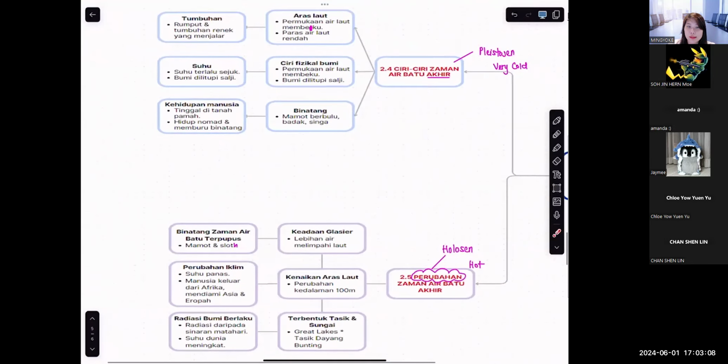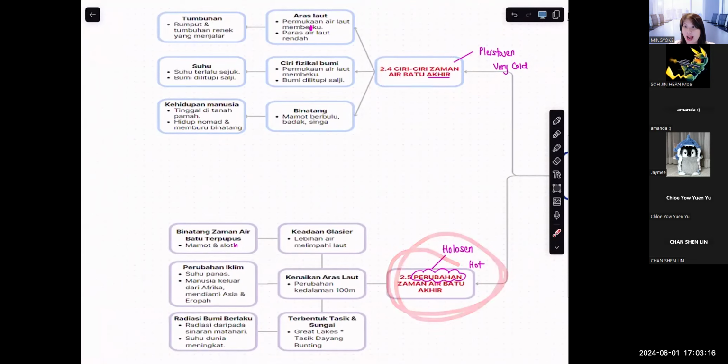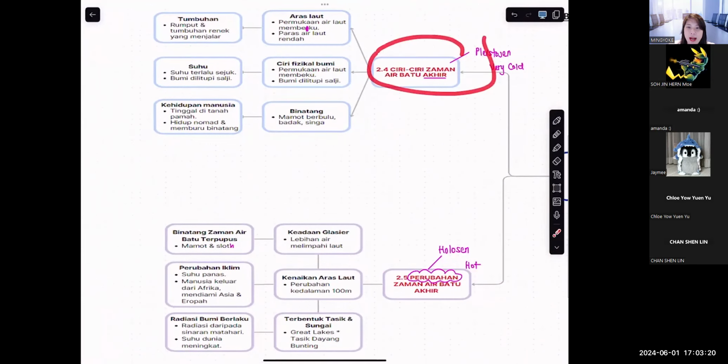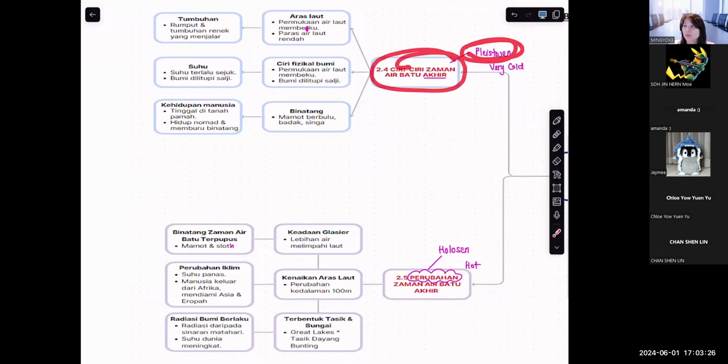You need to know the characteristics of zaman air batu akhir and the changes of zaman air batu akhir. Guys, do you know the ciri-ciri zaman air batu akhir? This refers to the Pleistocene, when it is still very cold.